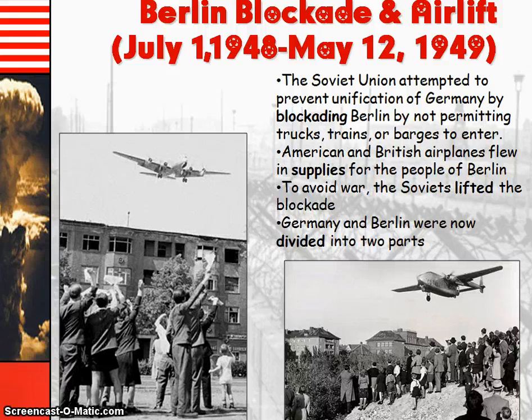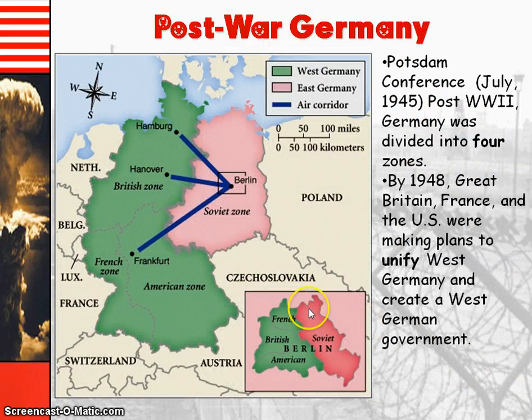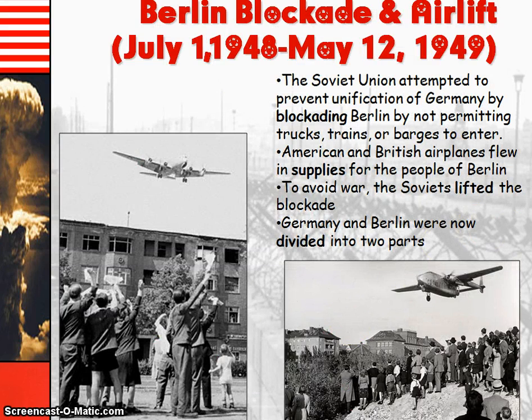So in other words, they prevent trucks, trains, and barges from entering Berlin. So if we look back at that map, they're going to blockade this area so that supplies cannot get from this side to that side. And so what that forces American and British to do is they have to fly in and airlift supplies to the people of Berlin.